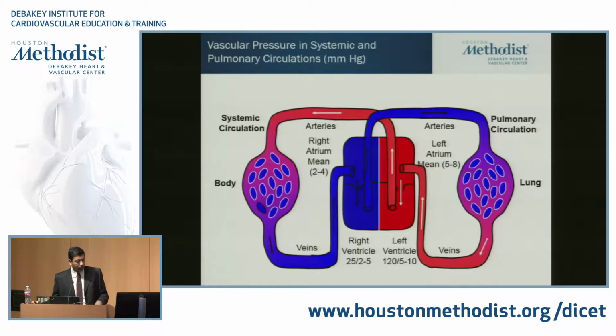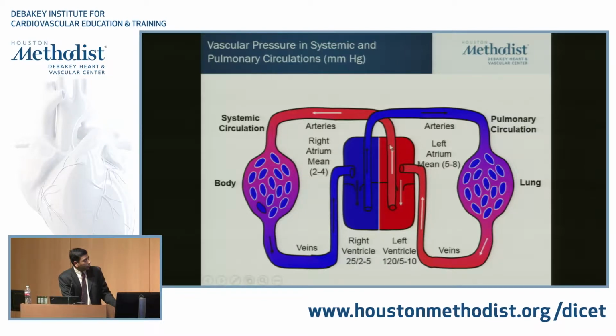So just going back to the previous slide, as you can see here, this is the right side, and this is the pulmonary artery. So when you have just increased pressure in the pulmonary artery without elevation of pressure in the left atrium, which is equivalent to the wedge pressure, then that is what we call pulmonary arterial hypertension or pre-capillary pulmonary hypertension.